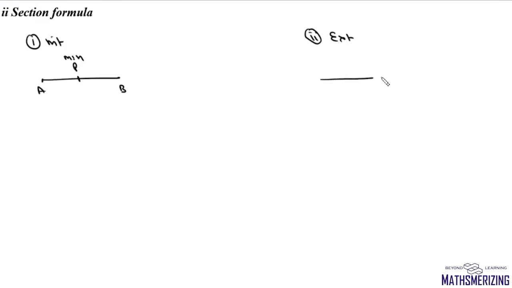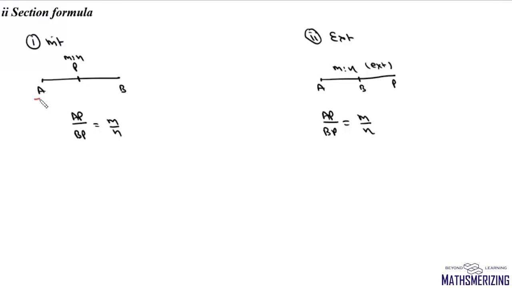And when this point P lies outside AB, and again it divides AB in the ratio m:n, we say it is an external division. Now, for both the cases, AP upon BP is m by n.